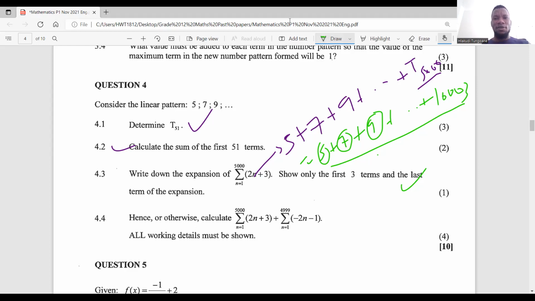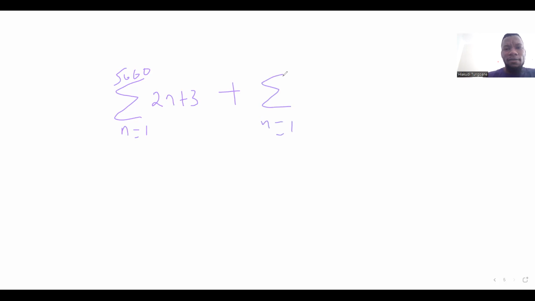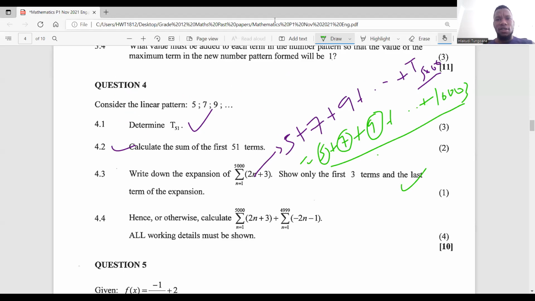So if we open the whiteboard, the question gave us the sum from n equals 1 to 5,000 of 2n plus 3, plus the sum from n equals 1 to 4,999 of 2n minus 1. Okay, let's just verify to make sure that we copied the formula correctly. Okay, yes, that's correct.